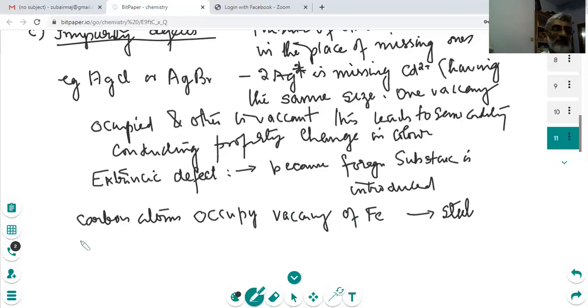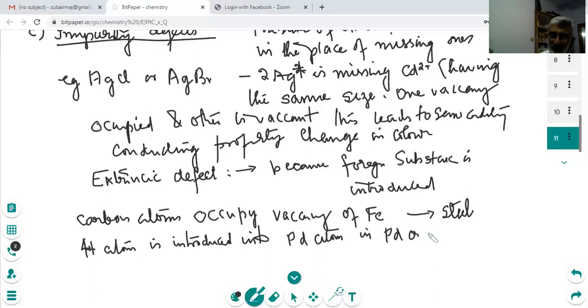Similarly, a hydrogen atom is introduced into a palladium crystal.